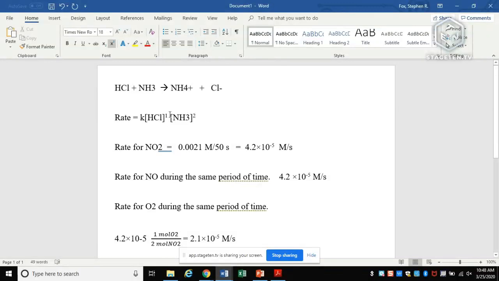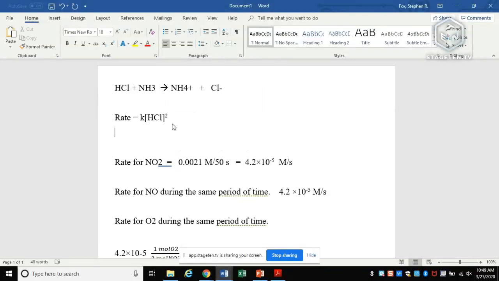If they were both second order, then you would change this to a 2. What if HCl was second order but NH3 was 0 order? Then you would say NH3 to the 0 power, and it wouldn't be in the expression. So that's another thing to know, guys. Another thing to maybe just write down here, and I think it might come up in the guided notes later.